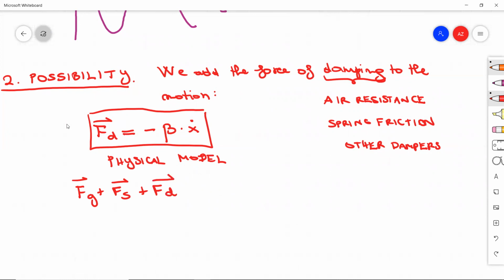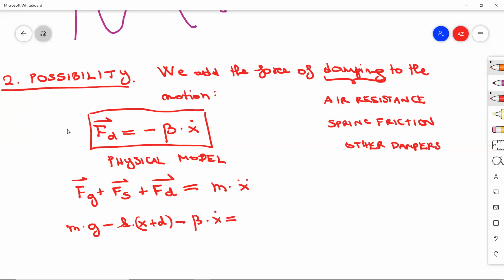And it is equal to m times the displacement. So mass times gravity minus force of spring, which was k times x plus d, and minus this damping force, which is beta times x prime.